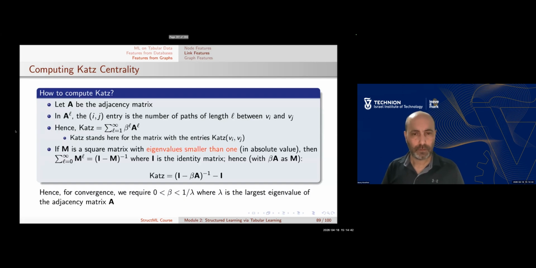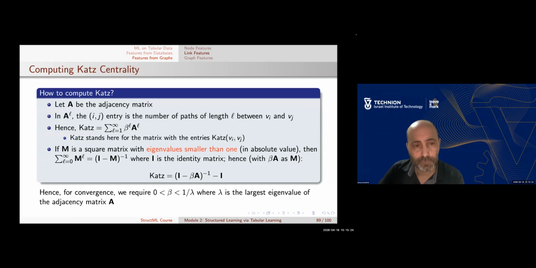How does it help? Well, under certain conditions, you can show that this infinite summation, starting from 0, is equal to (I minus M) to the power of -1, where I is the identity. This is true if M is a square matrix and its eigenvalues are smaller than 1 in absolute value.